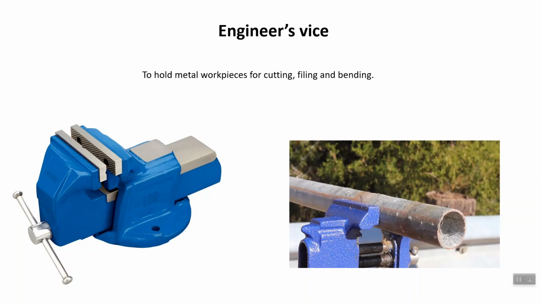The difference is that the jaws have some grips, so it exerts higher pressure on the material. If you put wood inside it, it will crush the wood. So we use it only on metals or plastic. So an engineer's vise for metal.